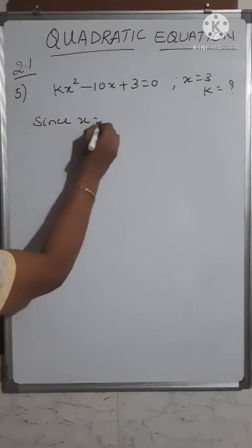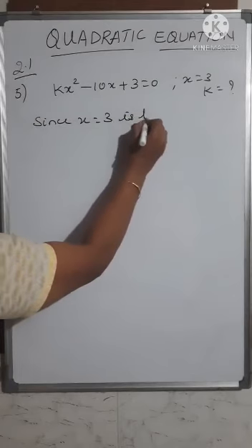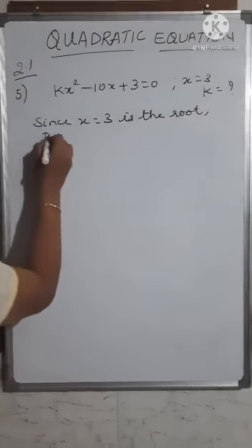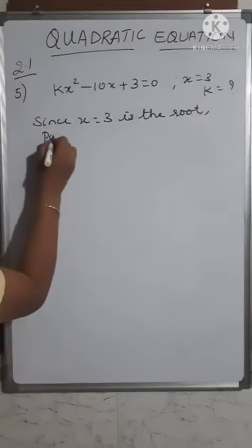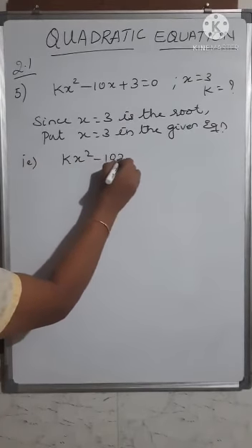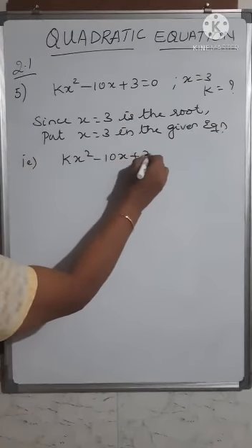Since x is equal to 3 is the root, put x is equal to 3 in the given equation. So what is the given equation? kx square minus 10x plus 3 is equal to 0.